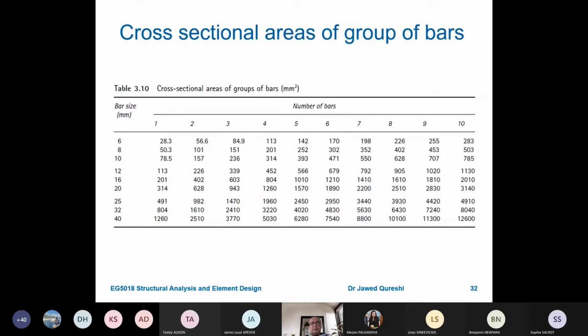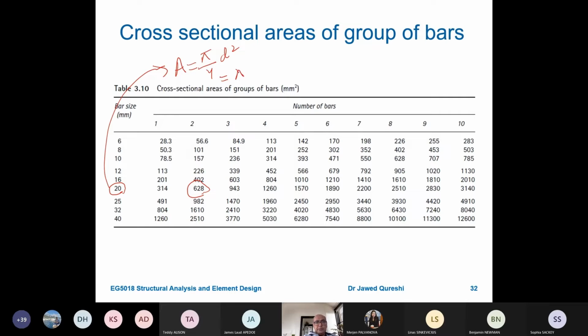Now again, this is a table of the cross-sectional area of the bars. For example, if you're using a 20 millimeter bar and you had 2 of them, this table will directly give you the area. This is simply the area of a circle, which is pi by 4 d squared.